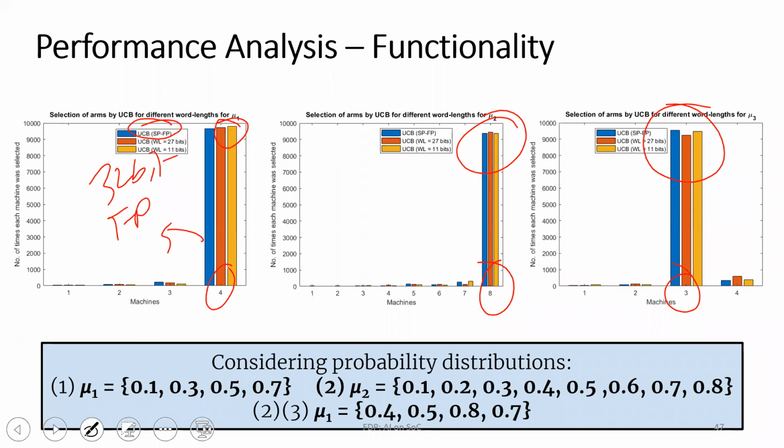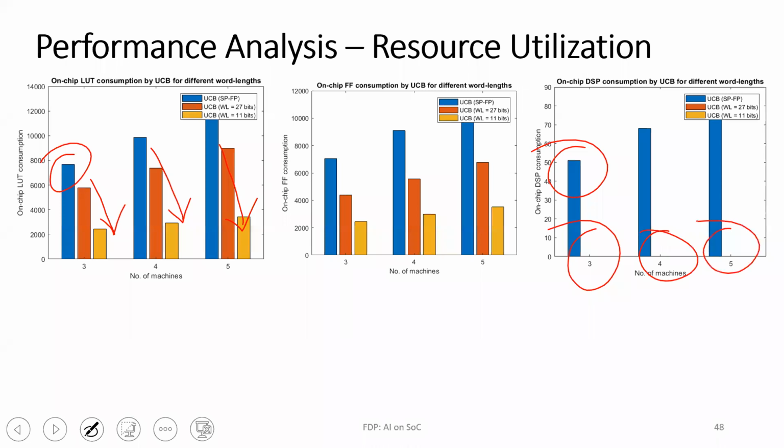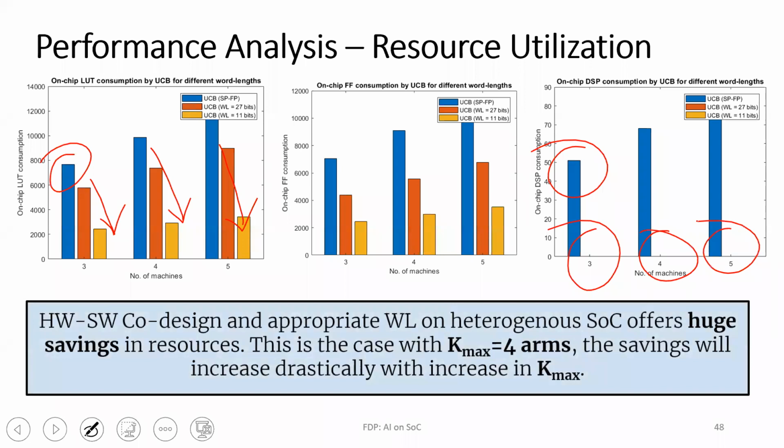So I can play around with the word length. And what is the advantage? By playing around with the word length, I can get a significant reduction in my resource utilization, power consumption, and the resource DSP. You can see that here I'm using the multipliers. With the reduction in the word length, I don't need to use the multiplier. So this is the advantage with the word length when you move something to the hardware.